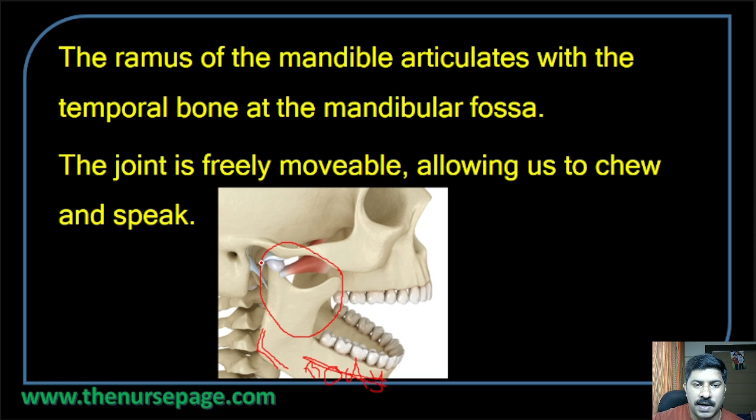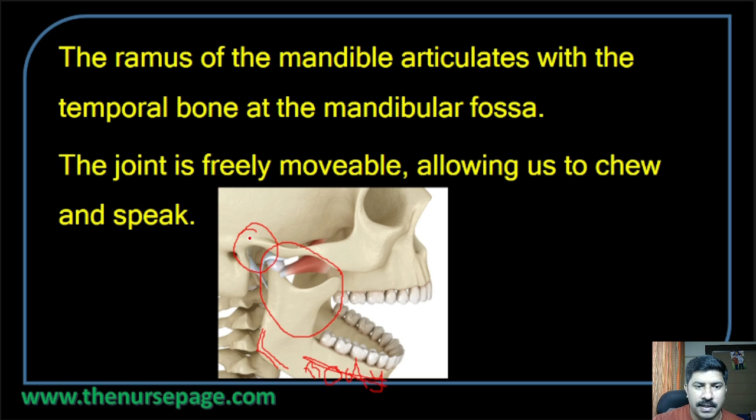The ramus has articulating parts with the temporal bone, the condyloid process. There are two processes, one on the posterior and one on the anterior side, and the posterior one is joined with the temporal bone. There is a fossa known as the mandibular fossa located in the temporal bone.